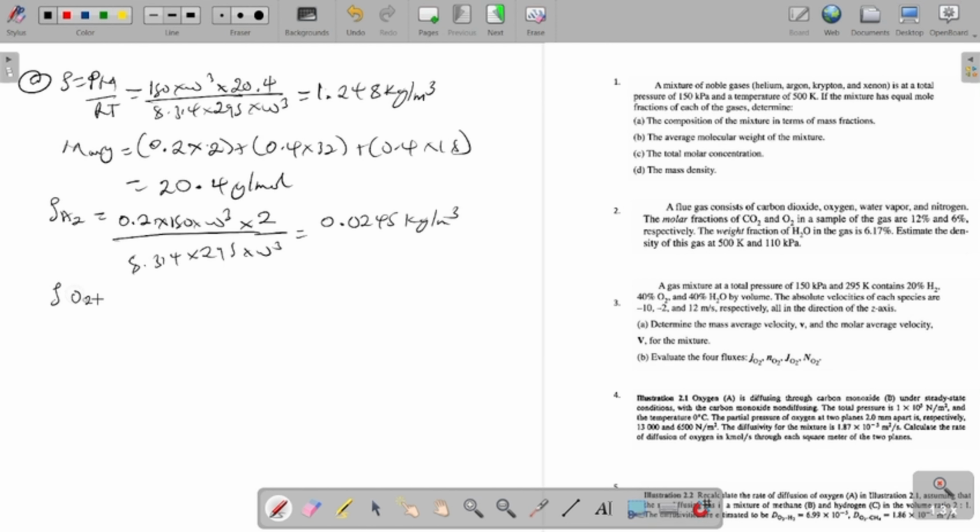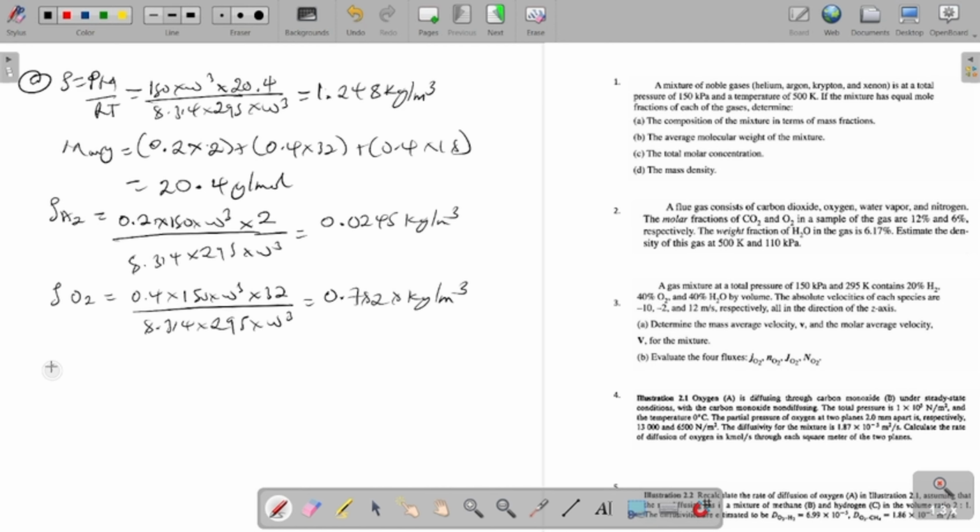Then I also do the same thing for oxygen, which is 0.4 times 150 times 10 to the power 3, also times 32 divided by 8.314 times 295 times 10 to the power 3. So this one gives me 0.7828 kilogram per meter cube.